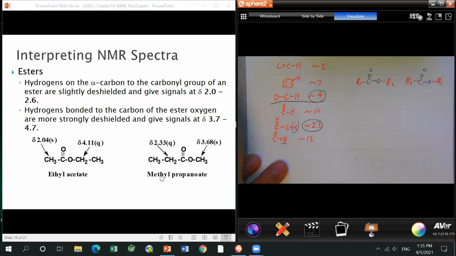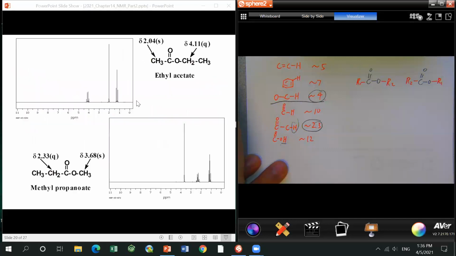For methyl propanoate, the positions are reversed. The singlet is attached to oxygen, so it has a higher chemical shift, and the quartet is attached to the carbonyl, so it has a lower chemical shift. Here are their real proton spectra. In the first one, the quartet, the CH2 attached to oxygen, has the higher shift, and the singlet methyl is attached to the carbonyl. In methyl propanoate, the singlet and quartet positions switch, because the singlet methyl is attached to the oxygen and the ethyl is attached to the carbonyl, so the singlet has a higher shift than the quartet.